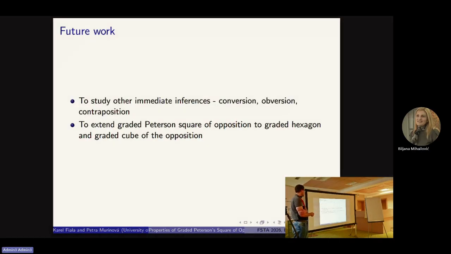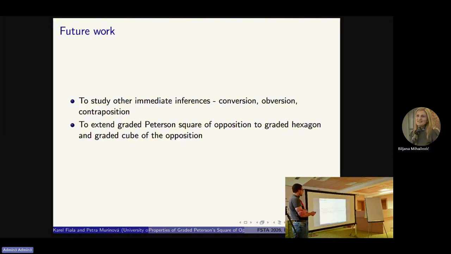And that's all from me. To conclude this talk, I presented the idea that from the truth value of some quantifier we can infer the truth values of other quantifiers based on the properties of the graded square of opposition, but it can be done for other structures of opposition, such as the hexagon of opposition or the cube of opposition.